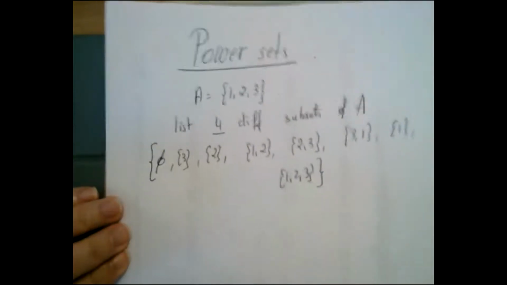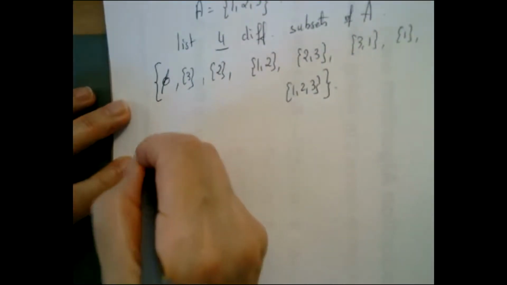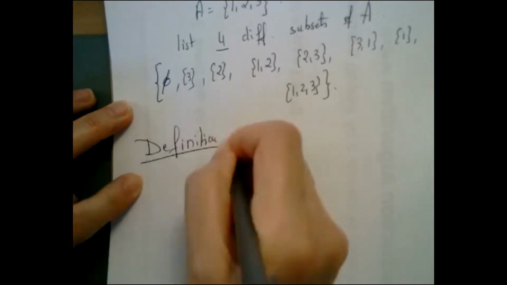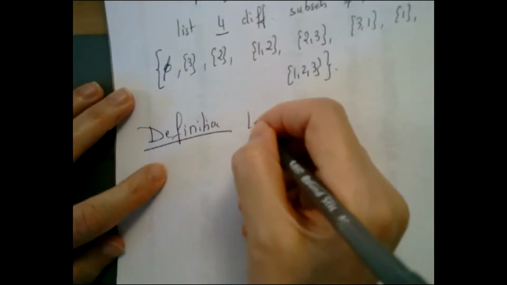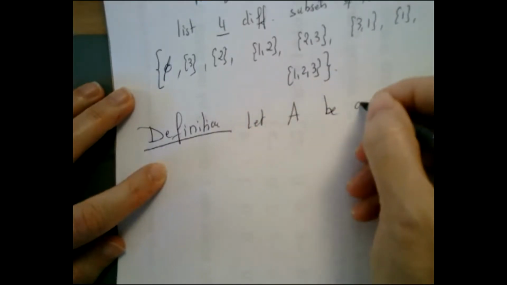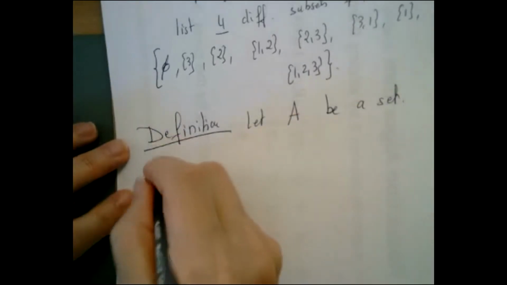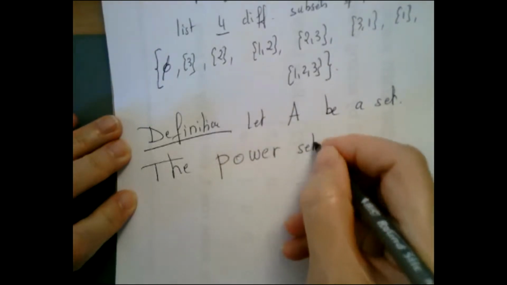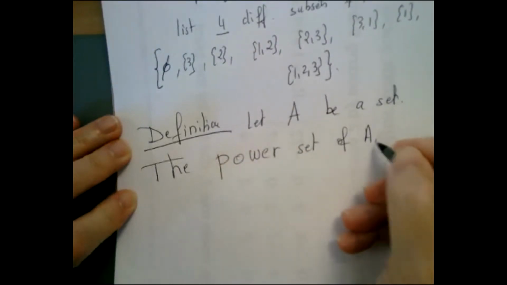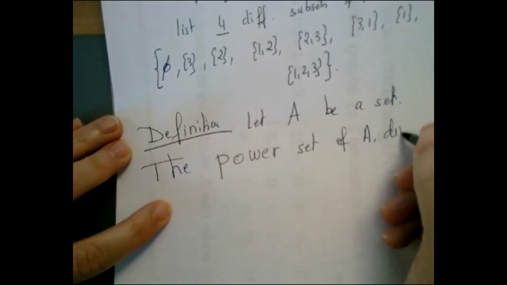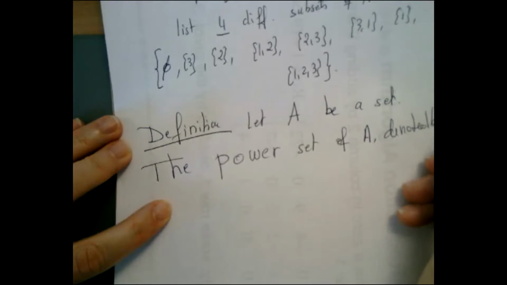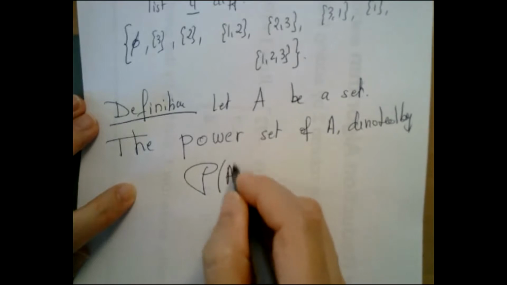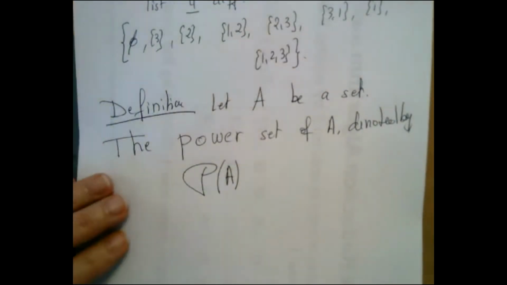We're going to define a new set called the power set. Definition: what's the power set? Let A be a set. Then the power set of A, that we denote by P of A, is a set.